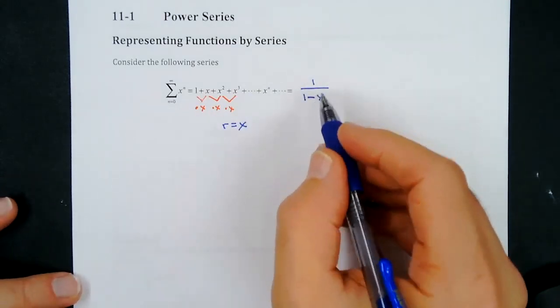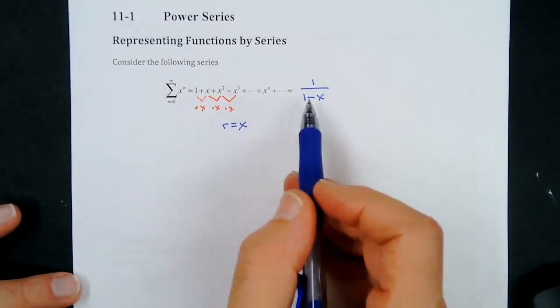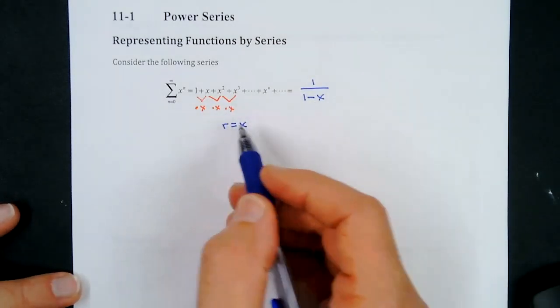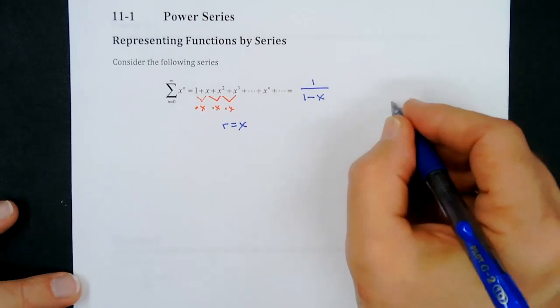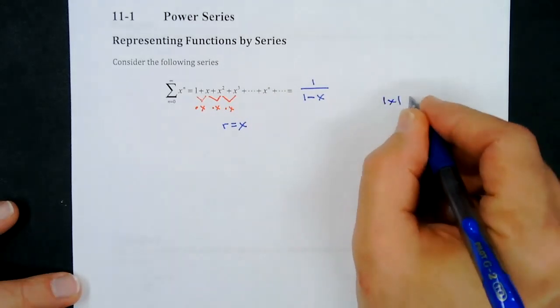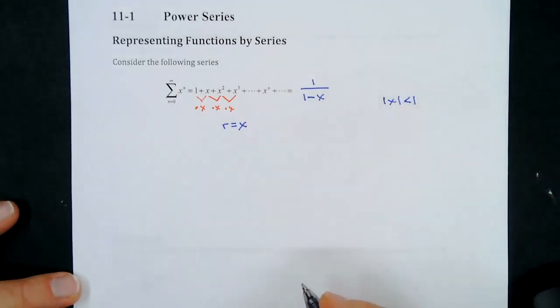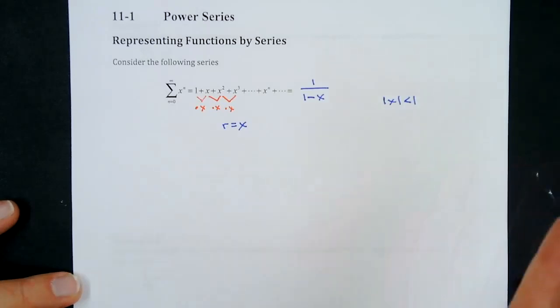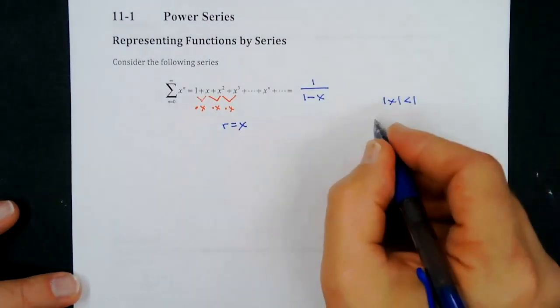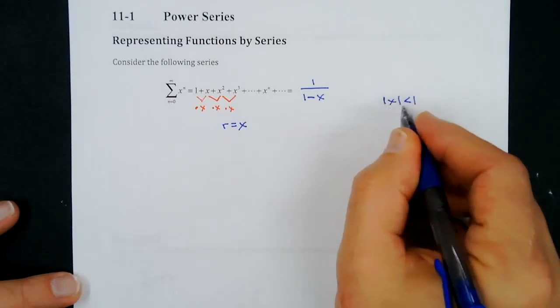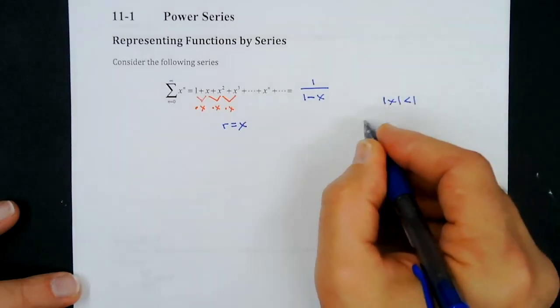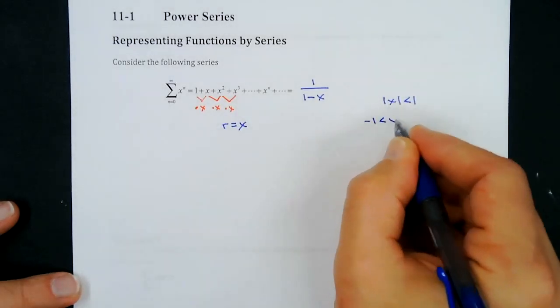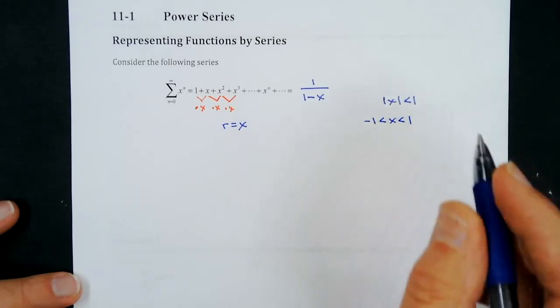Now, a few things. This series is only equal to this function based on what our r is. What are our restrictions? Well, for a geometric series, the absolute value of r has to be less than 1, so the absolute value of x has to be less than 1. If we expand this, it means -1 is less than x is less than 1.